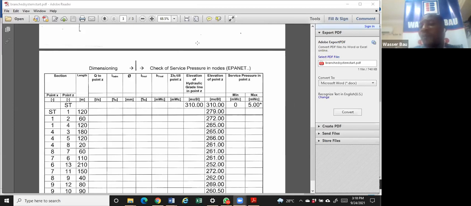And I always say this in some of my classes. There's no computer software that does design. What computer software does is to model and simulate. It is you, the engineer, that will do your design. It is after you have done your design that you now create a model. You now use a computer to create a model so that if, by chance, tomorrow something changes, you don't have to start from scratch again.